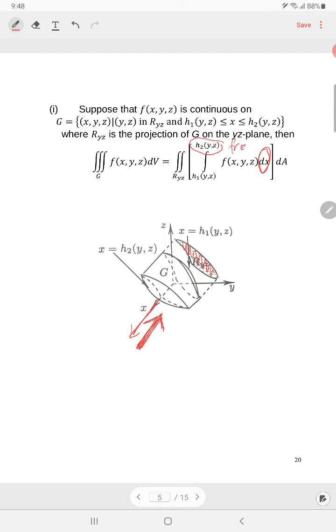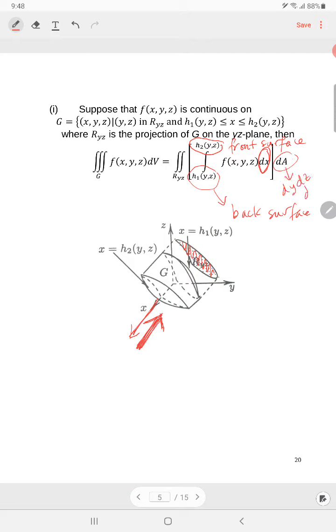Once you integrate with respect to x, you replace x with the upper and lower limits, and you're left with a double integral. That double integral dA can be either dy dz or dz dy. You choose, depending on the region.